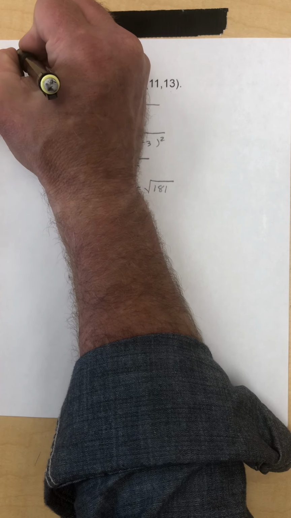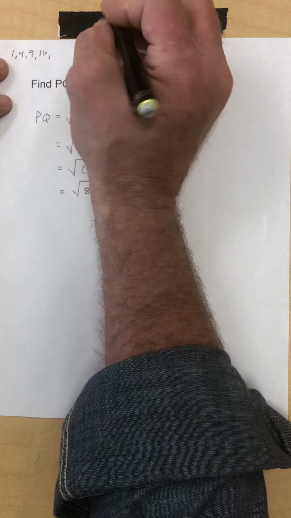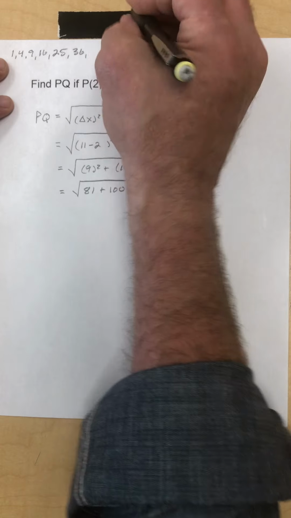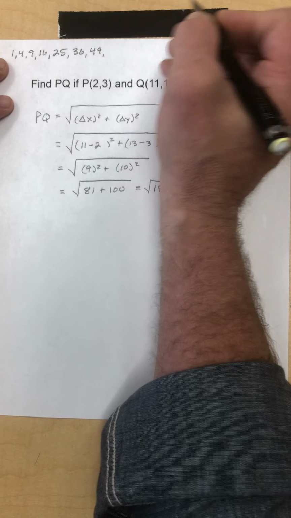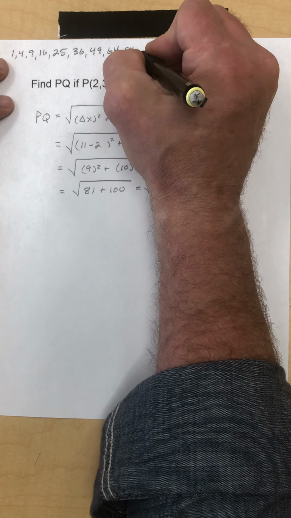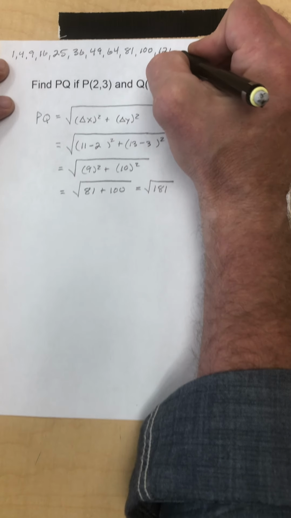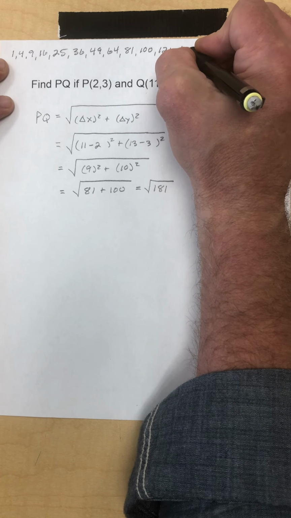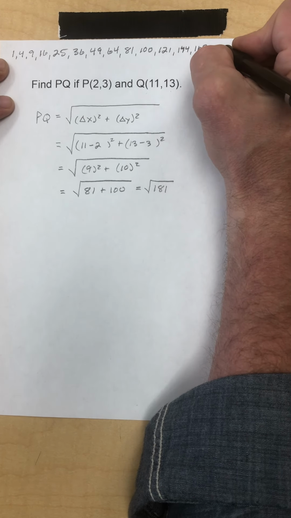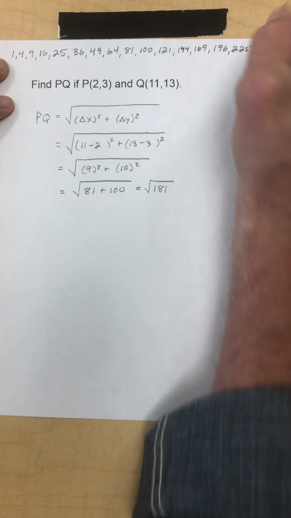We have 1, 2 squared is 4, 3 squared is 9, 4 squared is 16, 5 squared is 25, 6 squared is 36, 7 squared is 49, 8 squared is 64, 9 squared is 81, 10 squared is 100, 11 squared is 121, 12 squared is 144, 13 squared is 169, 14 squared is 196, 15 squared is 225.